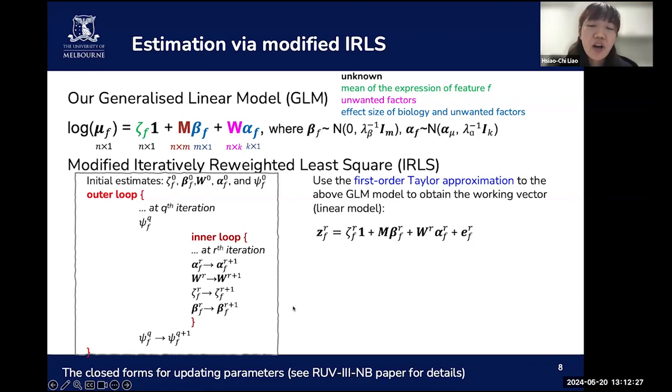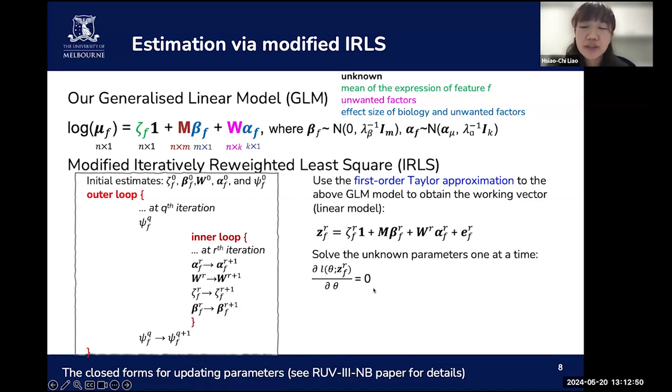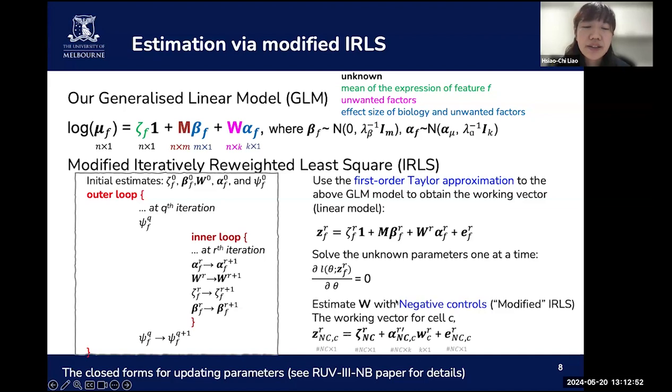So in this algorithm, we work on the working linear model. And this is actually the first order Taylor approximation of the generalized linear model that we mentioned above. And we update the parameters one at a time using the closed form that we derived from the likelihood function. And then in order to estimate the W matrix, we make use of negative controls.